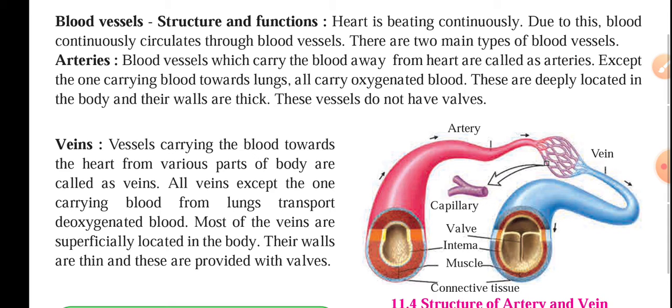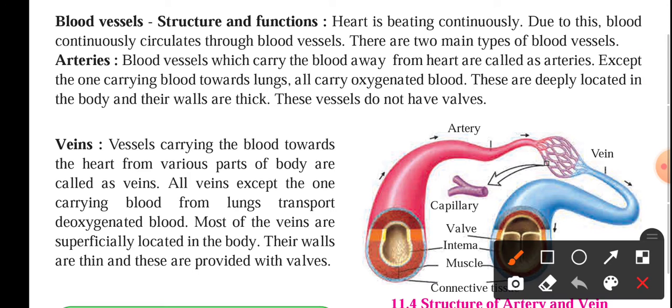Further thing is blood vessels, that is, their structure and functions. When we talk about the blood vessels, they are very important to carry the blood into the body, and then from the body to the heart again. Now this function is carried out by two important vessels. They are called the arteries and the veins.